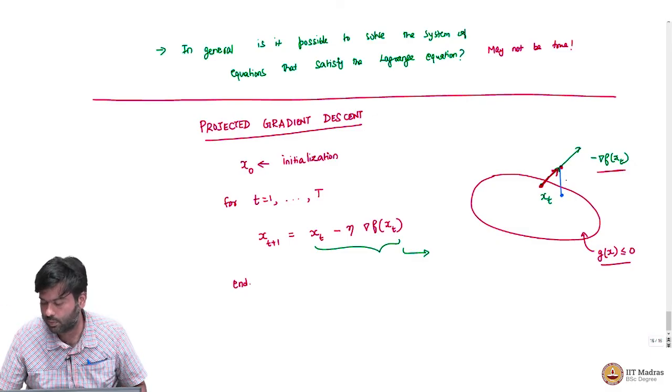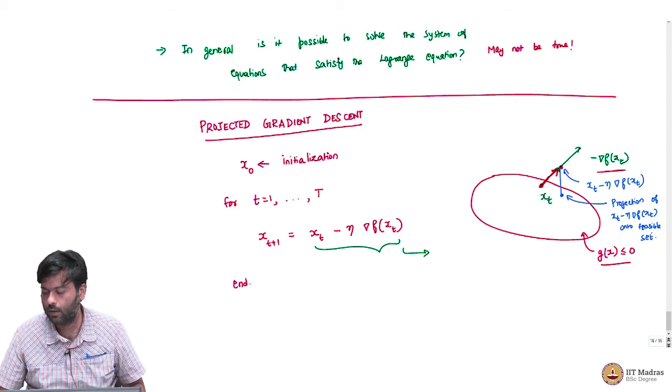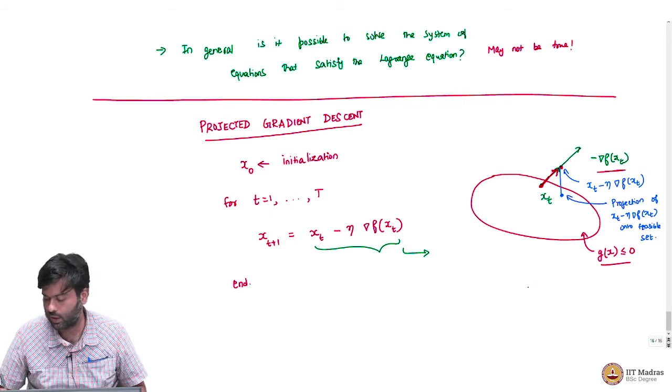So this point, x_t minus eta times the gradient of f at x_t, is going to be projected onto the feasible set. We will call this projection.